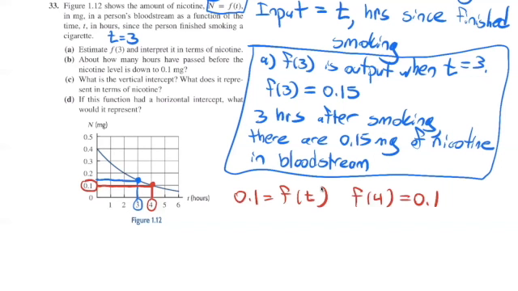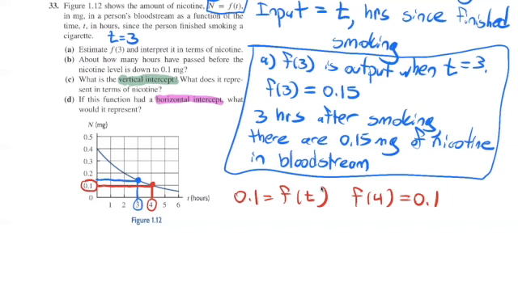Parts C and D, we'll get into more in class on Friday. I don't think you have any homework problems that ask you about vertical intercepts or horizontal intercepts. But since you're here, I've got your attention.